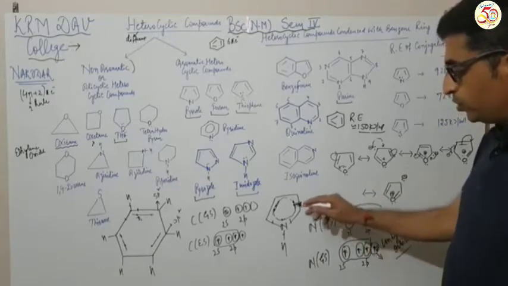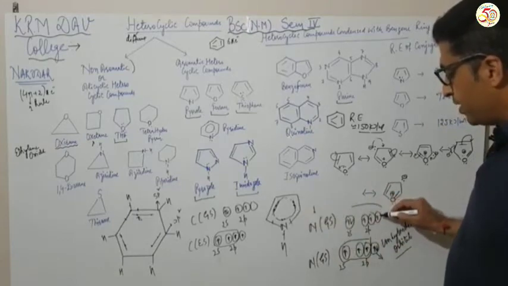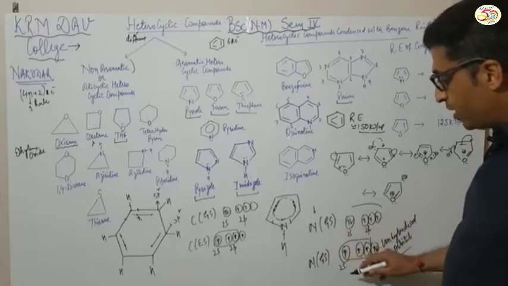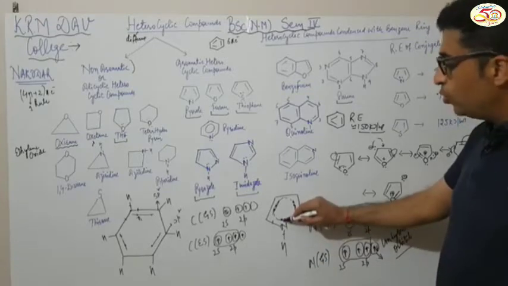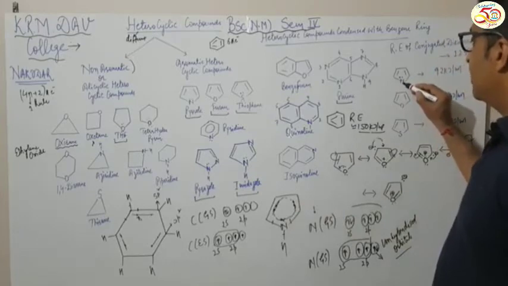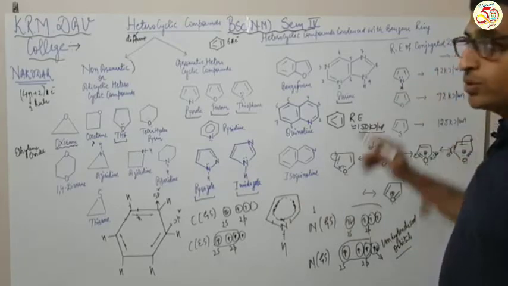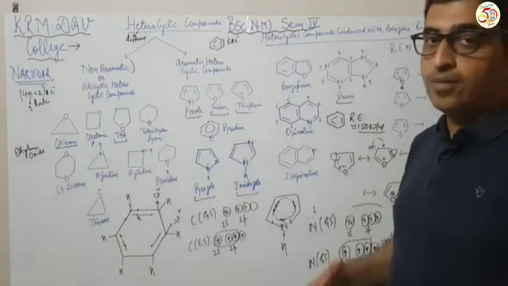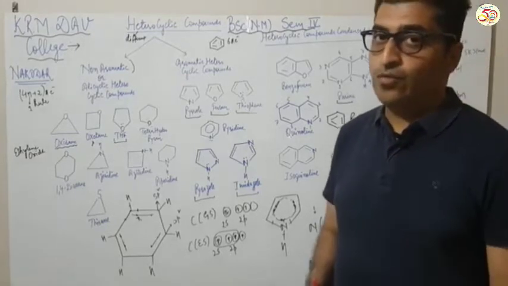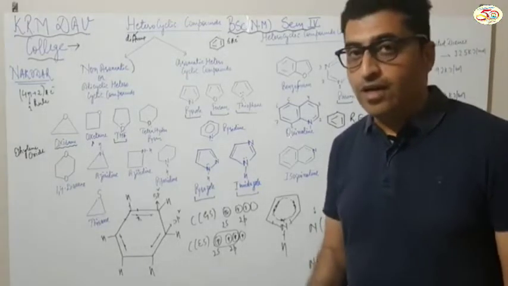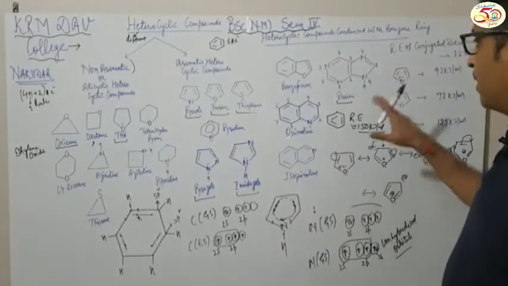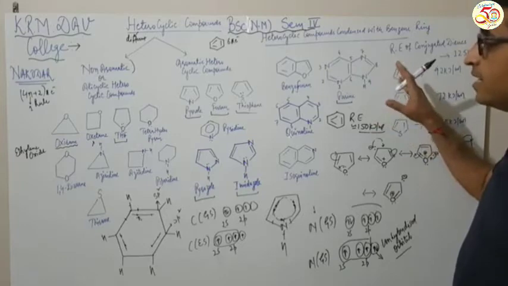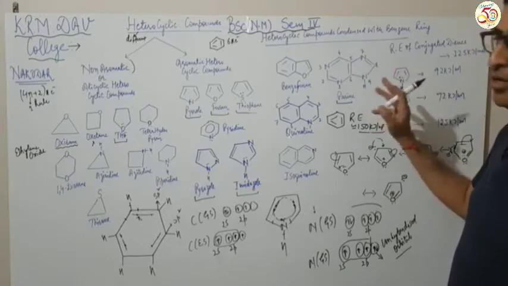In order to justify the structure, I shift an electron to a higher orbital, showing sp2 hybridization, and it is very clear that this lone pair of nitrogen belongs to the unhybridized orbital, and that is why this lone pair is not available for donation. Now you can easily answer that pyrrole is a less basic molecule.